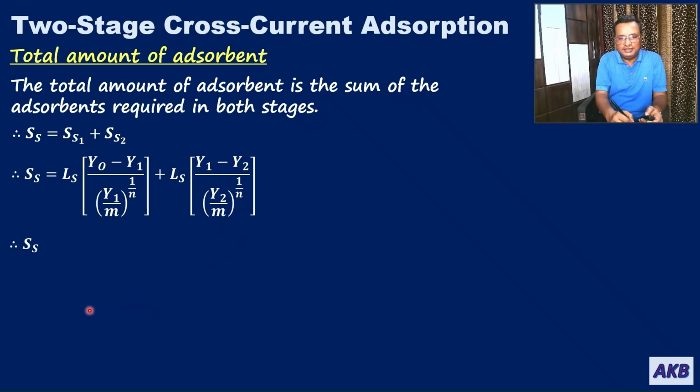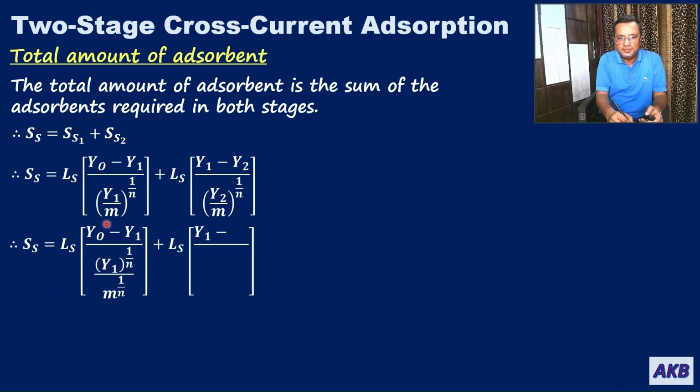Now let us simplify this. So SS will be equal to LS into capital Y0 minus capital Y1, and over here I am separating the power. So it will be capital Y1 raised to 1 by n divided by m raised to 1 by n. And similarly, the second term plus LS into capital Y1 minus capital Y2 divided by capital Y2 raised to 1 by n divided by m raised to 1 by n.